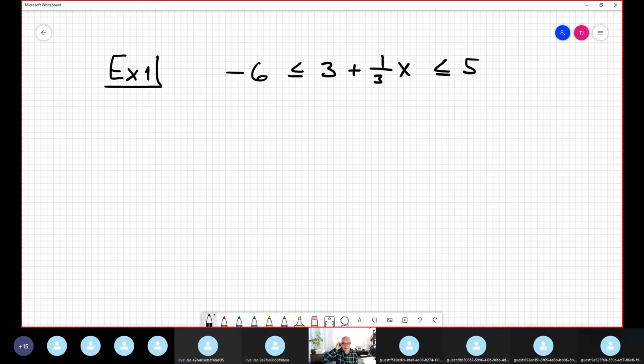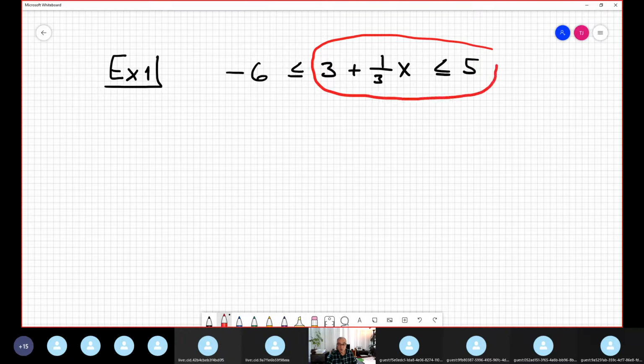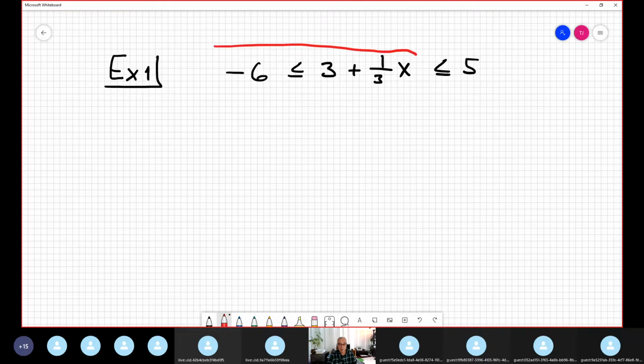Okay, actually, this is a compound inequality because we actually have two inequalities. We have that part, look, is one inequality, and we have another part, is this inequality. And when you have two inequalities together, it's called a compound inequality. But it's okay, don't worry, because we can solve both simultaneously.